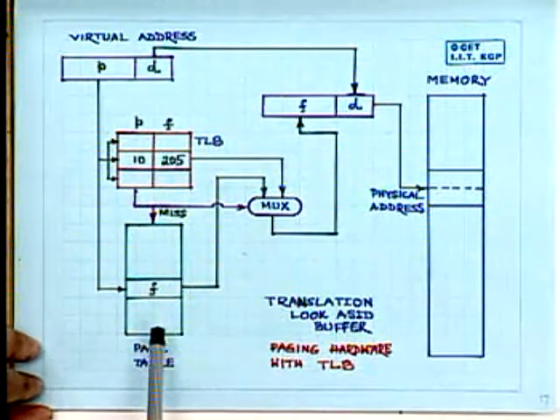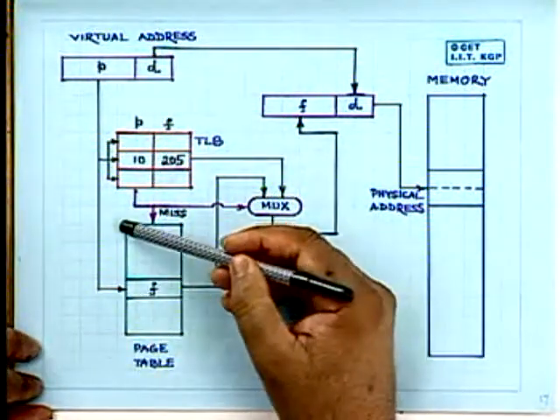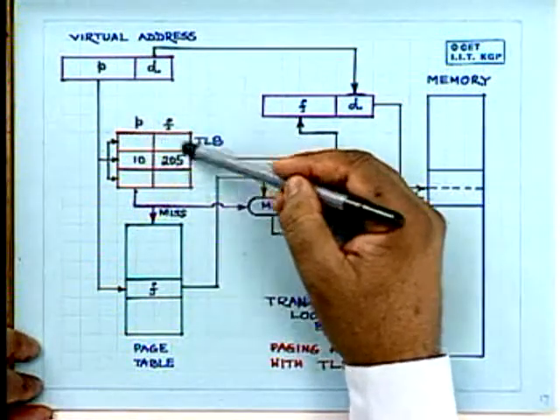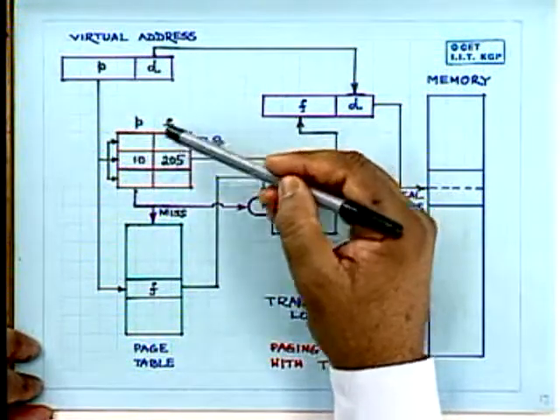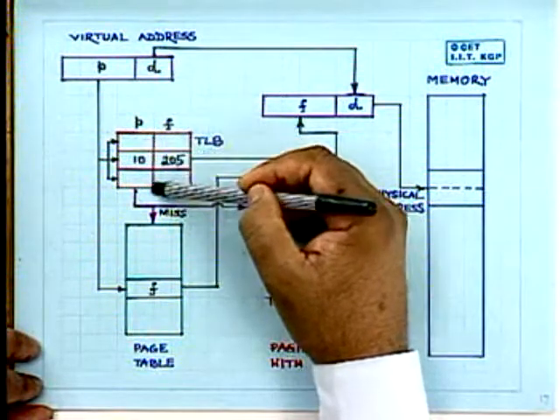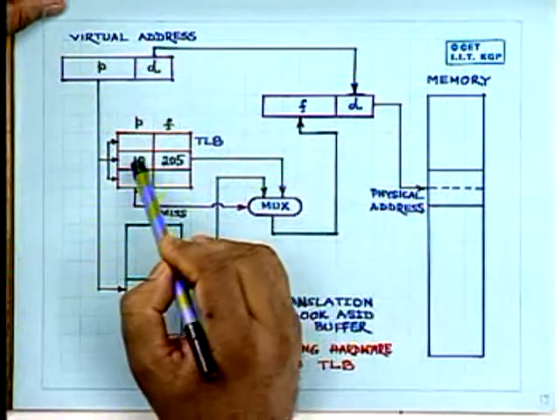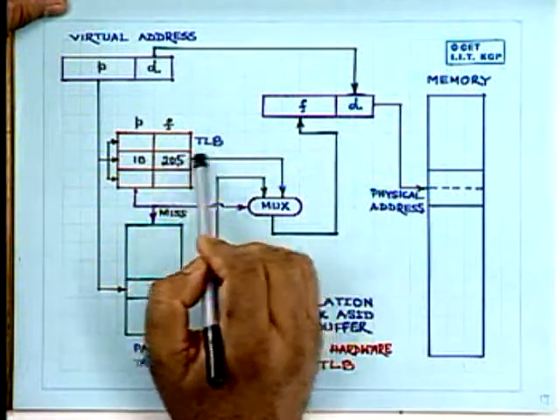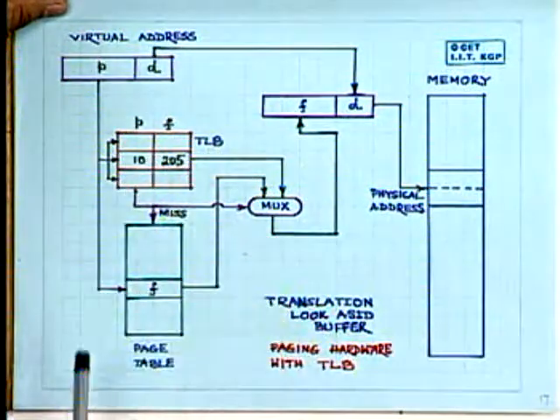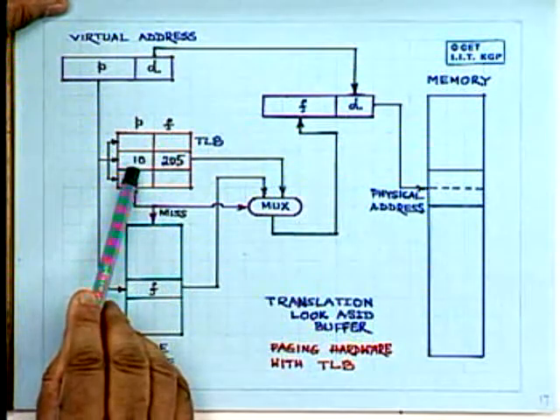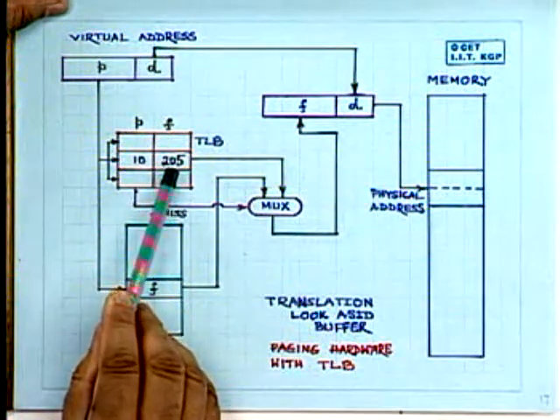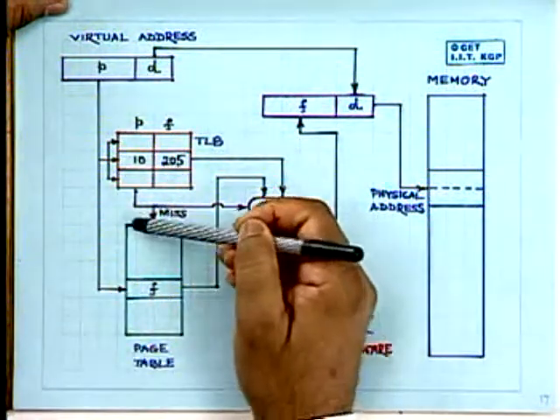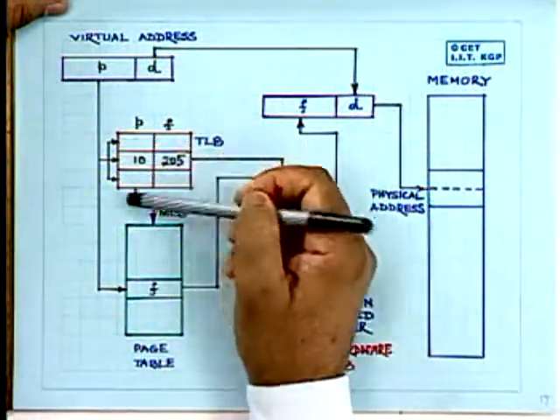Since we only keep part of the page table in this very fast memory, which consists of registers, both the page number and the corresponding frame number into which the page has been loaded have to be kept. As I said, if page 10 has been loaded into frame 205, both pieces of information have to be kept, since the entire page table cannot be kept in these hardware registers.